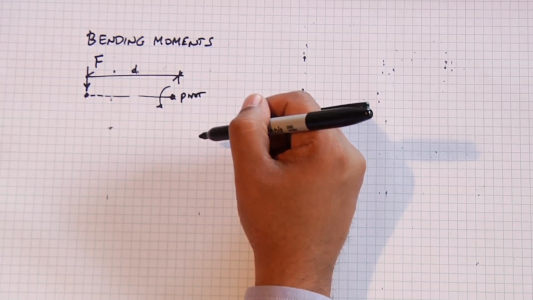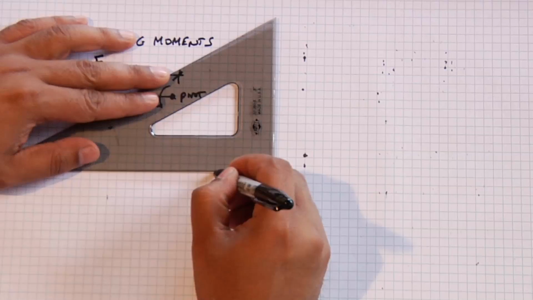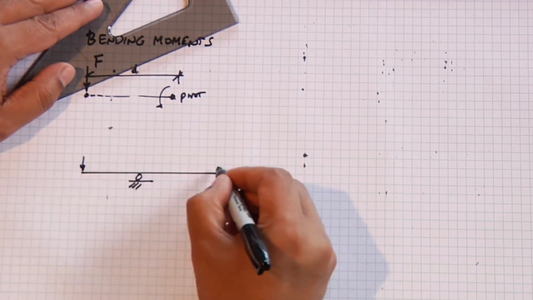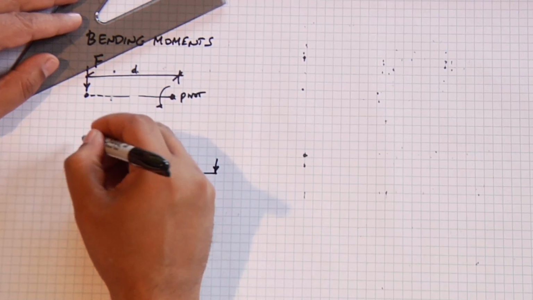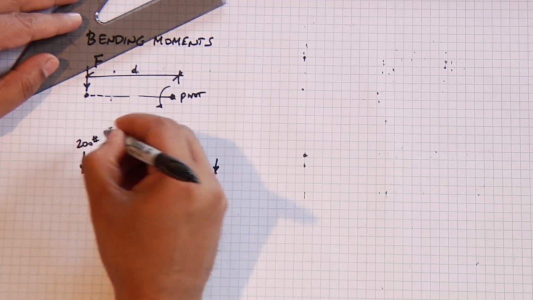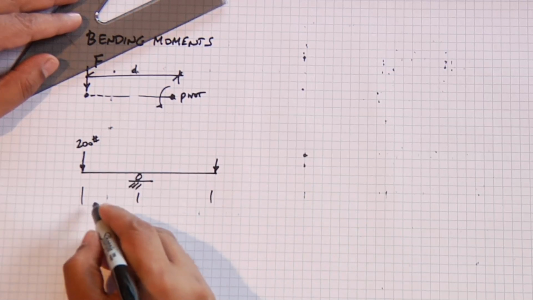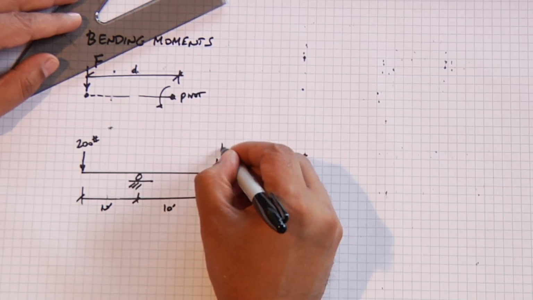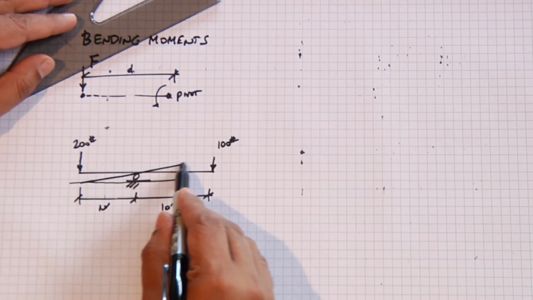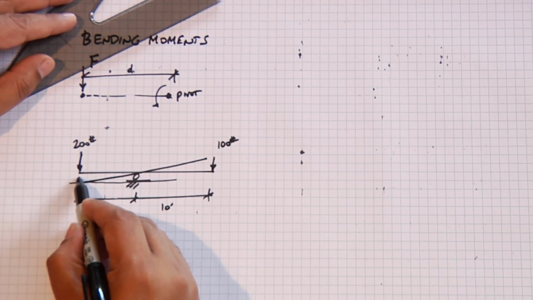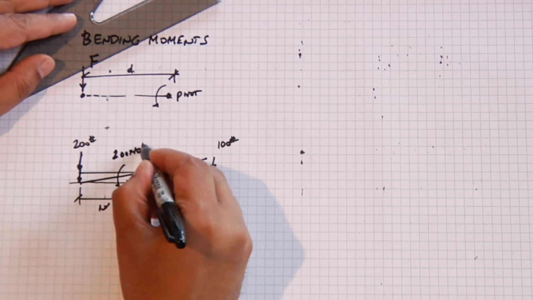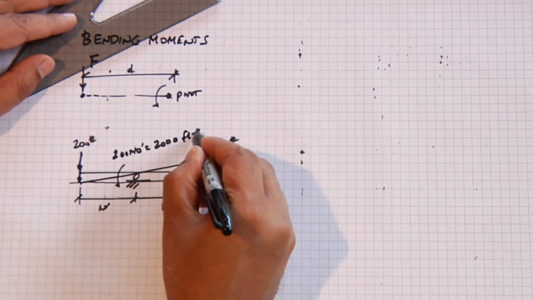The best example to understand bending moments is to think about a seesaw. When you have a seesaw, you have a person on one side and a person on the other side. If the person on one side is 200 pounds, and let's say our seesaw is 20 feet long and each side is 10 feet, and the person on this side weighs 100 pounds, the seesaw is going to tilt because the load from the 200-pound person produces a bending moment of 200 times 10 feet, or 2,000 foot-pounds.